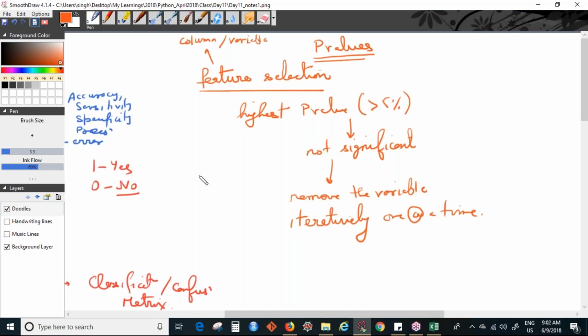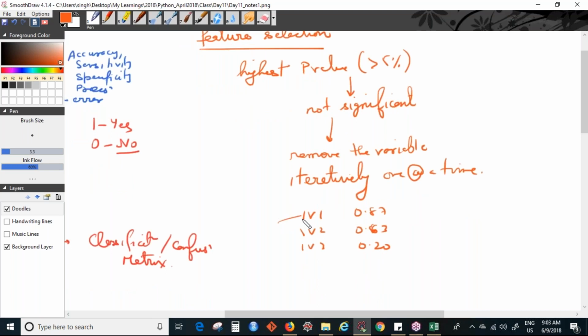Okay, it's not that, let's say you have independent variable 1, independent variable 2 and 3, and the p-values are, let's say, these are the p-values. So you don't remove all of them together. You remove the first one, which is the highest p-value. So you will remove this and then rerun your model taking these two, and then you will check the p-values again.